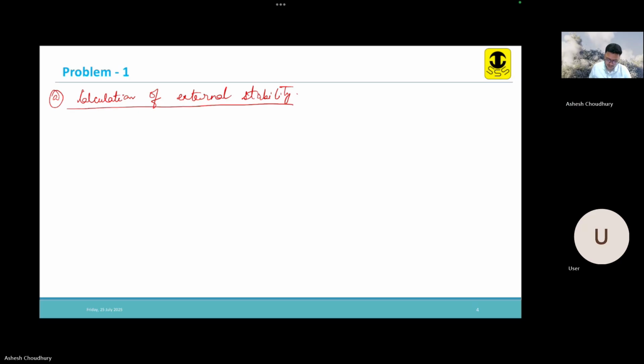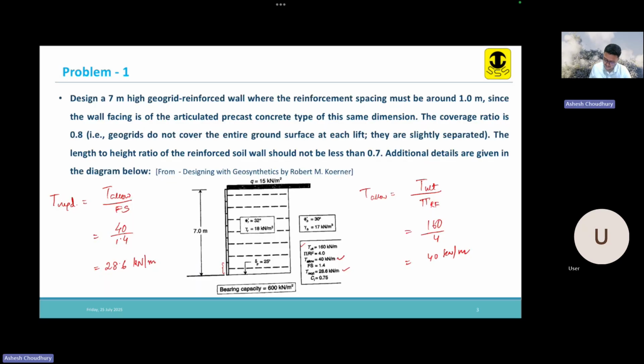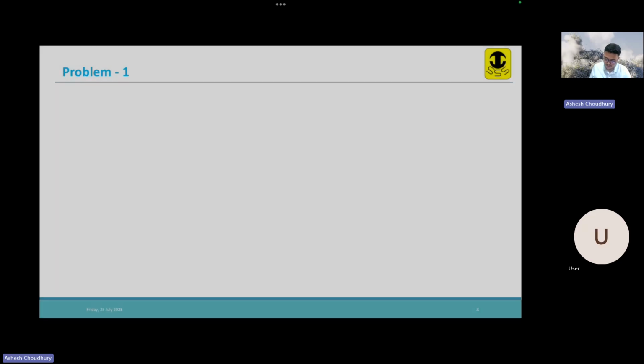I will calculate the earth pressure coefficient. So you have to consider the backfill, right? So backfill phi is 30 degrees, okay, backfill phi is 30 degrees. So that we are considering.